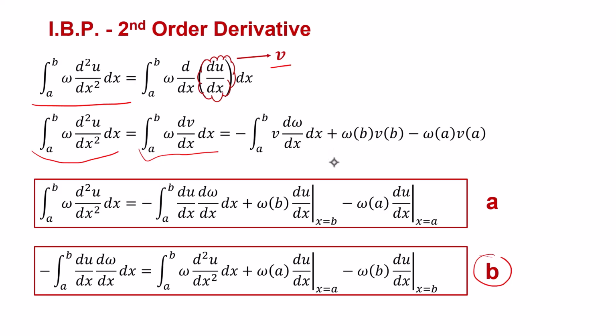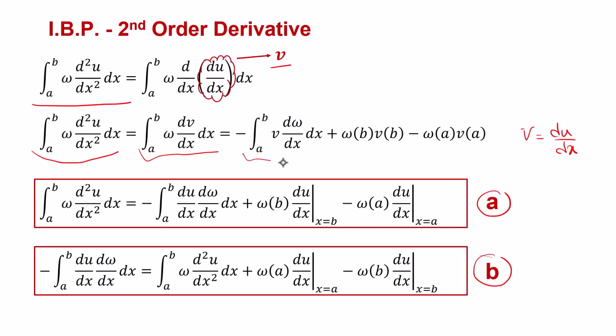Now, using the integration by parts formula from the previous slide, this becomes minus integral from a to b of v dw over dx times dx plus wb vb minus wa va. Replacing back v with du over dx, we will get equation A, as you can see here.